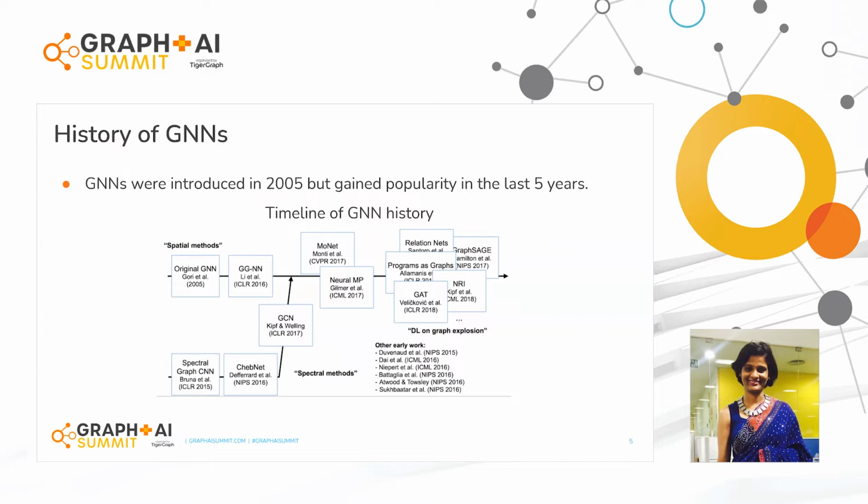Around 2015, we had spectral graph convolutional neural networks and ChebNet. And then in 2017 we also had some breakthroughs in the form of MoNet and Neural MP. In the last 5 years, different types of attention-based graph neural networks have come, like Graph Attention, and other types of networks like relation nets. So this is the timeline of GNN history from 2005, covering the different types of architectures which have come out in the last 5 years.